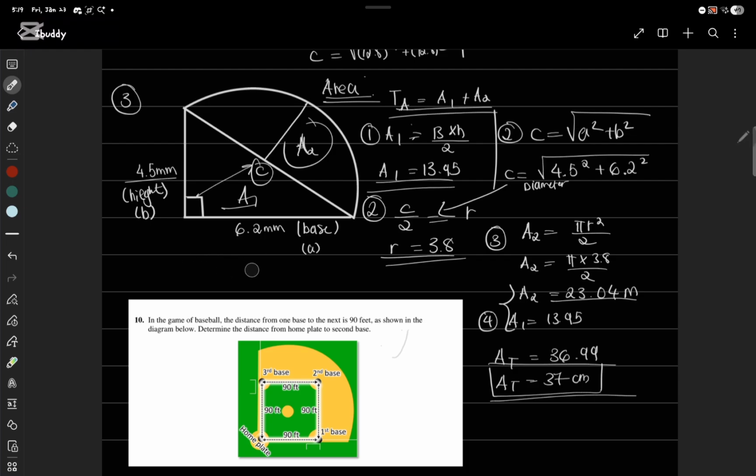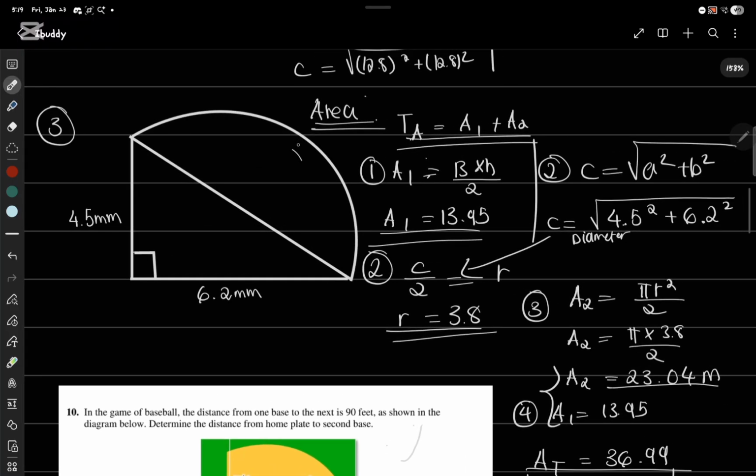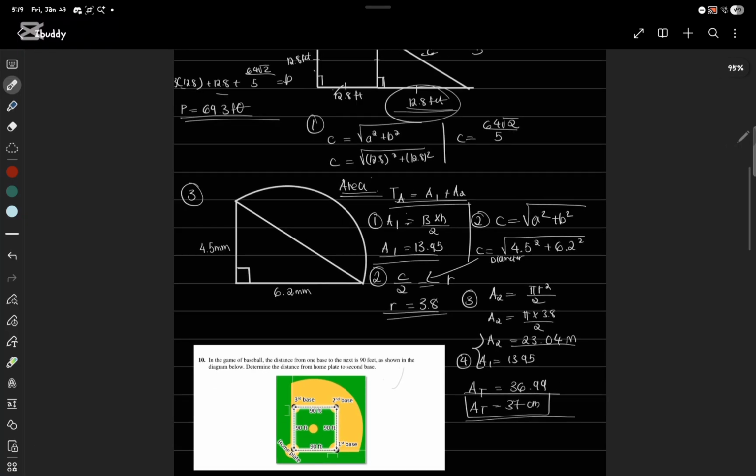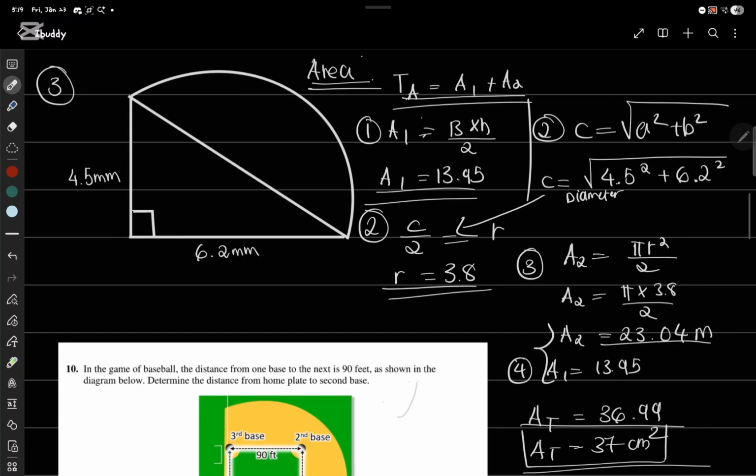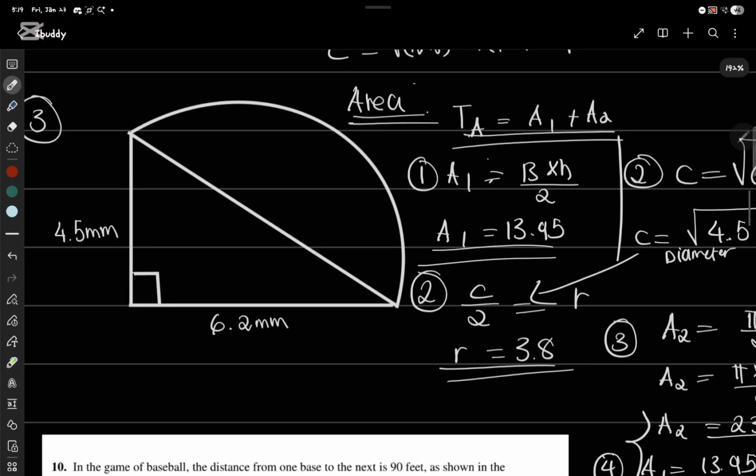Let me just erase some stuff so it's easier for you guys to see the actual question. So this is the original question here. So we got the total area as 37 centimeters squared. Yep, I forgot. Centimeters squared will be our final answer.